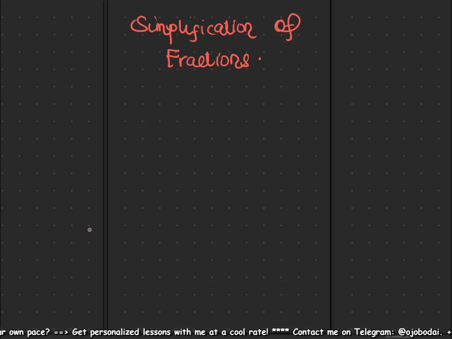When you are simplifying a fraction, all you are trying to do is to reduce the fraction to its simplest form, where the numerator and denominator have no common factors other than 1. That means there's no other number that can divide these two numbers, that is the numerator and the denominator. So let me quickly write that down.